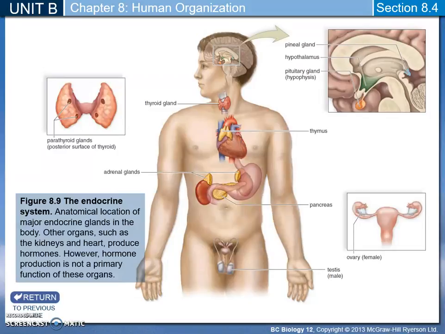And then you have the thyroid gland in the neck, and then the other glands located as indicated. And of course, the difference between the male and female glands is depicted there as well.